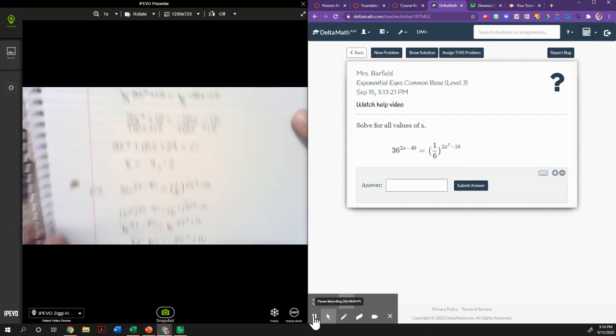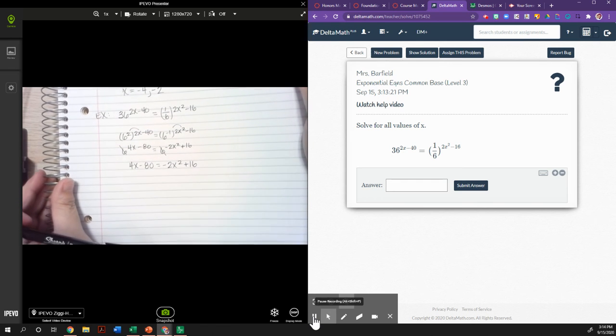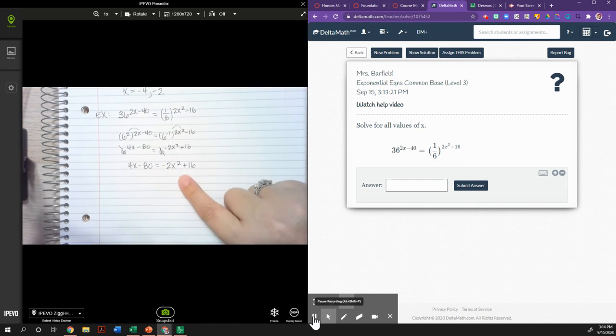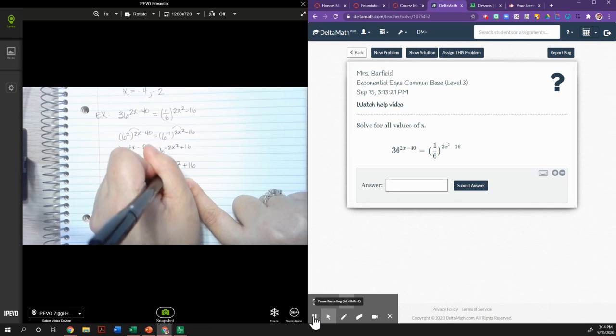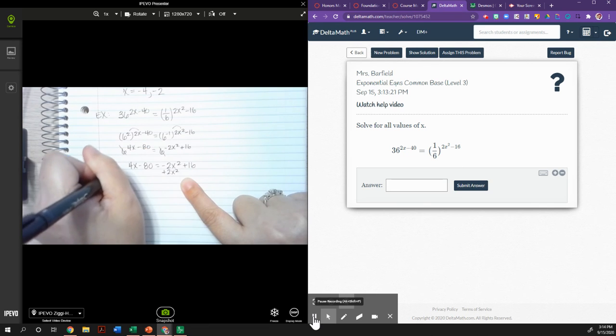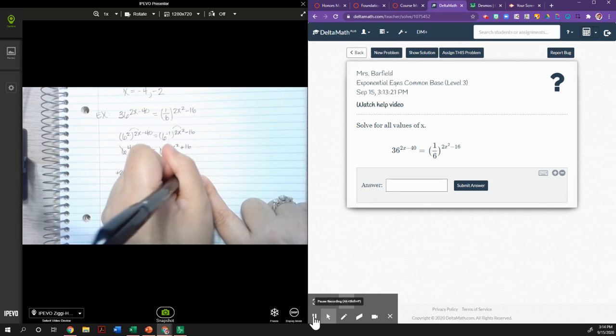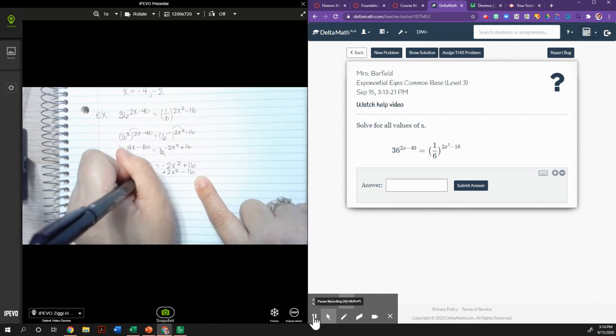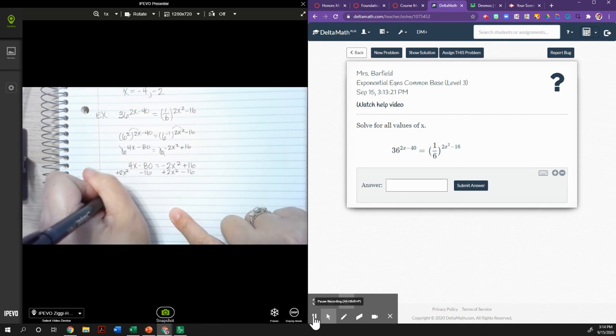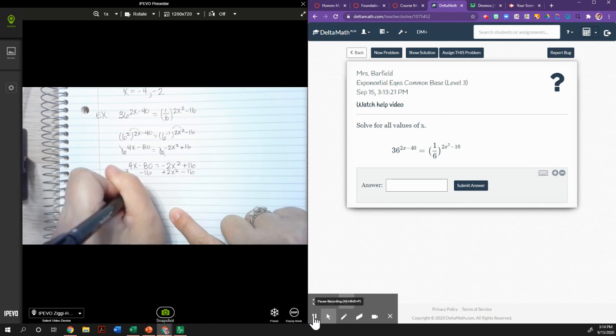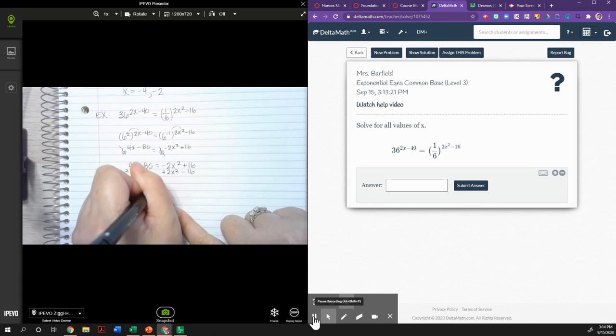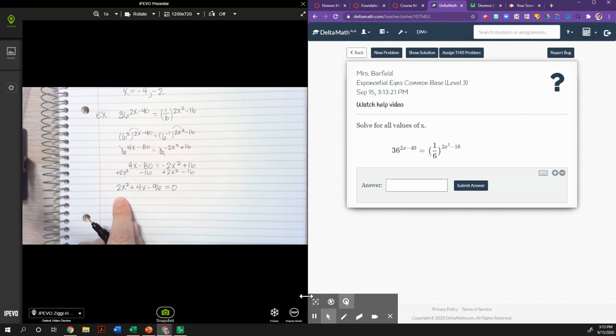To get myself ready, I need this to equal 0, so I'm going to add 2x squared to both sides and subtract 16 from both sides. So I get 2x squared plus 4x minus 96 equals 0.